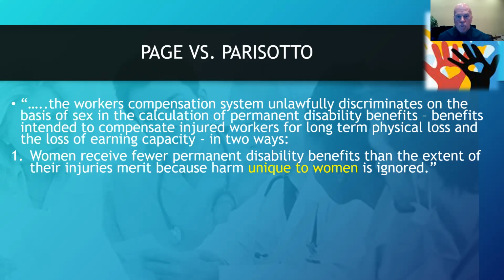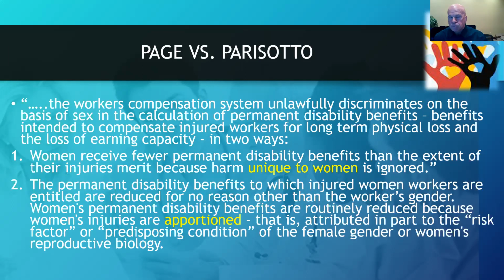So male evaluators have bias about the female gender and therefore provide for inaccurate permanent disability benefits. So this has to do directly with our permanent impairment ratings for women. Okay, so that's the number one source of inaccurate benefits: impairment ratings that are too low based upon gender bias.